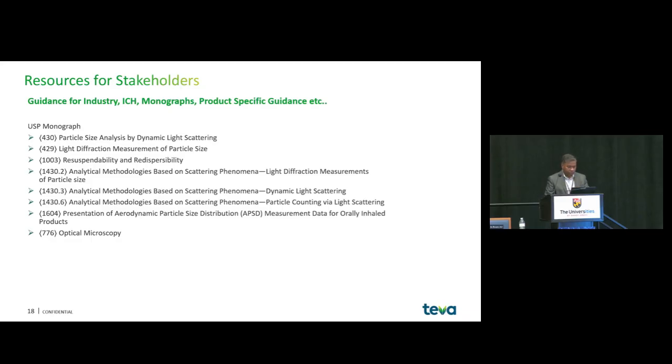So the USP monograph is another treasure trove of general guidances. We have the USP 430 on particle size analysis by DLS, the 429 on LD measurement of particle size, the 1003 for resuspendability and redispersibility, the 1430.2 for the analytical methodologies based on scattering phenomena, and you have the 1430.3 for the DLS and the 1430.2 for the LD.